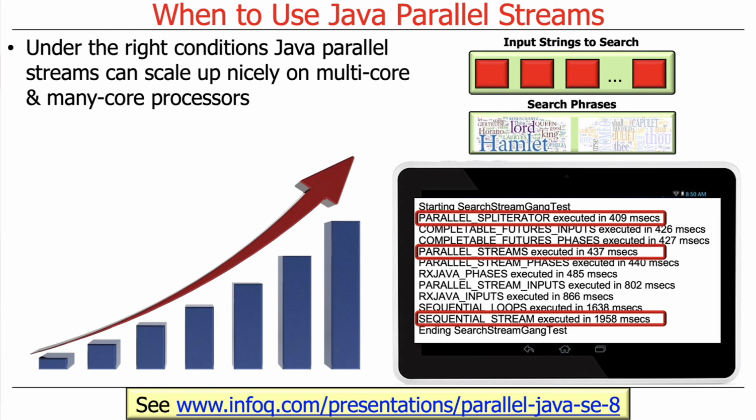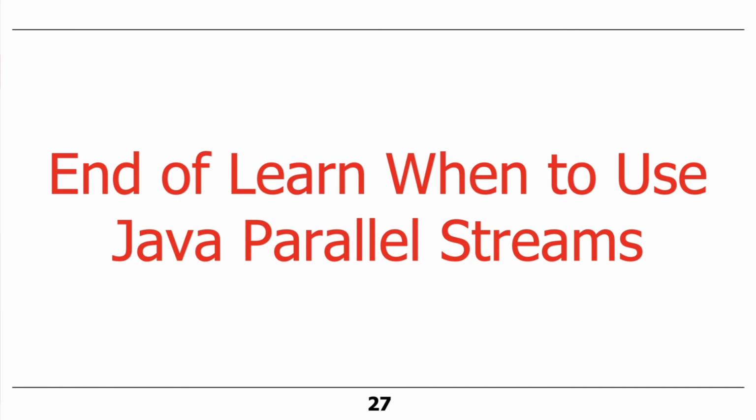So under the right conditions, N times Q, independent tasks, multi-core processors, you can get a nice speed up of parallel processing relative to sequential processing. As we see here, we get an N-fold speed up, where N is the number of cores, by using parallel processing. So that's a quick overview of when to use Java parallel streams.